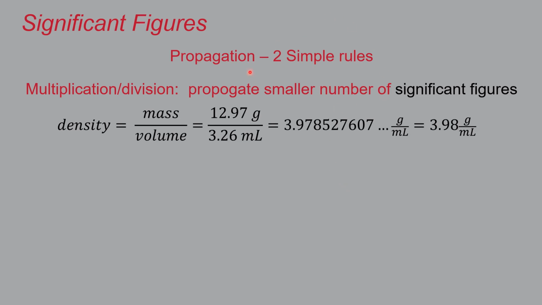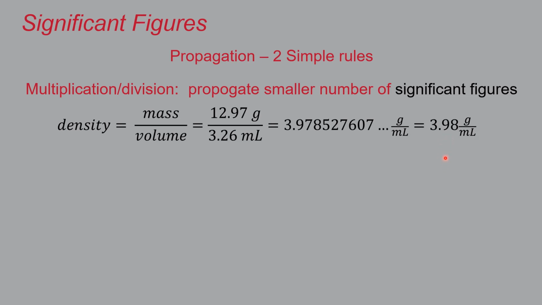So the rule is that however many sig figs the numbers that went into the calculation had, your answer should have that same number of sig figs. So this is a 4 significant figure value, and this is a 3 significant figure value. Between those two, 3 is smaller than 4. So the answer should be properly expressed to 3 significant figures.